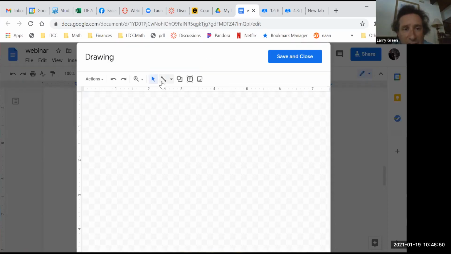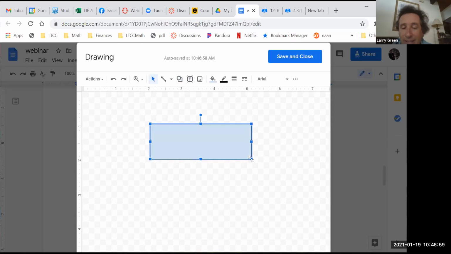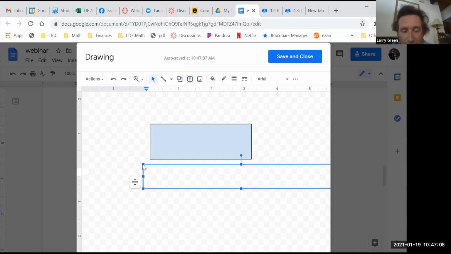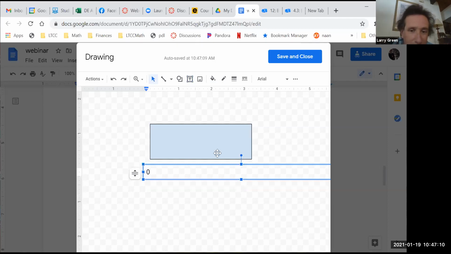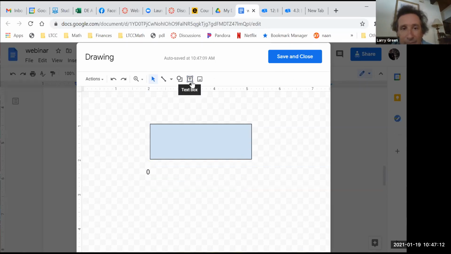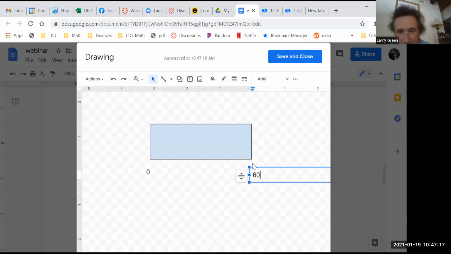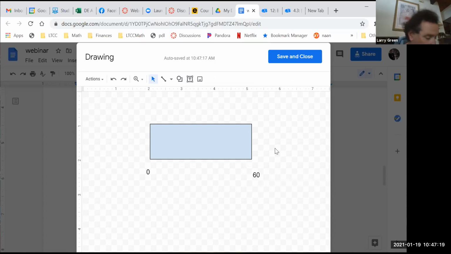Since it's uniform, I can draw a rectangle, because uniform distributions look like rectangles. Do y'all agree? So I'm going to label 0 for the beginning and 60 for the end. And I want to be between 11 and 23.